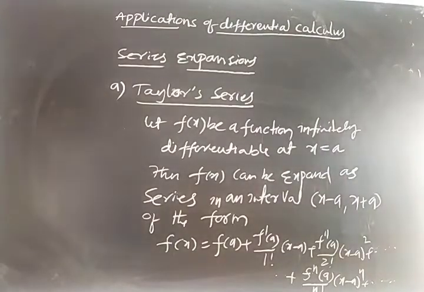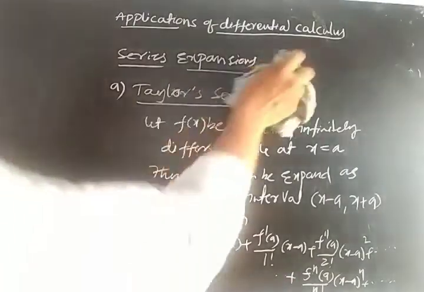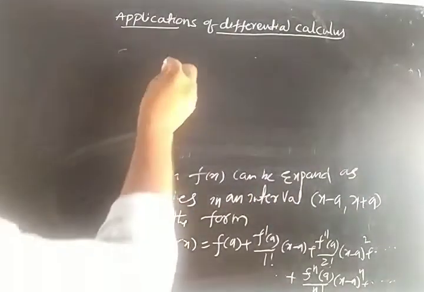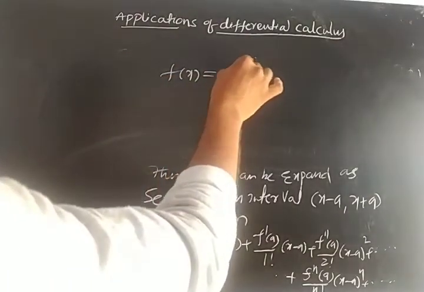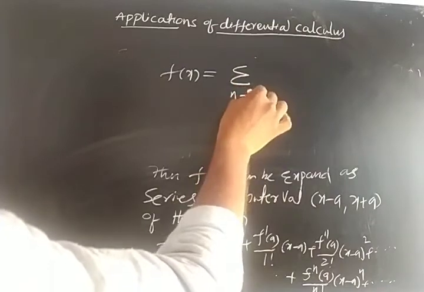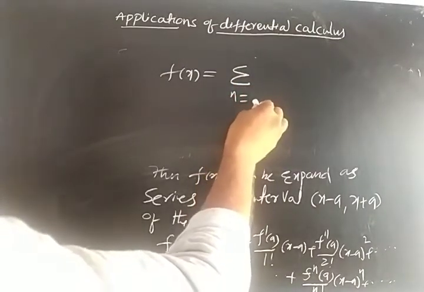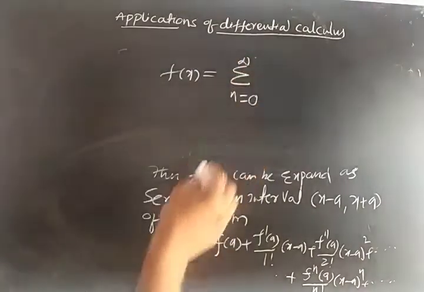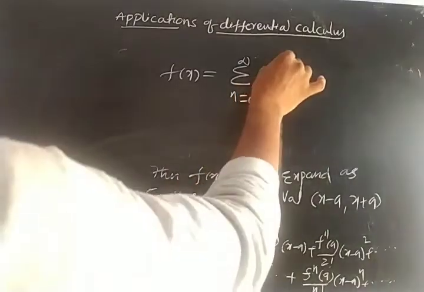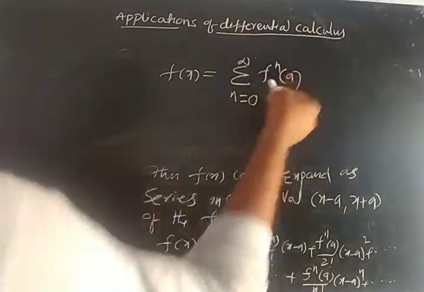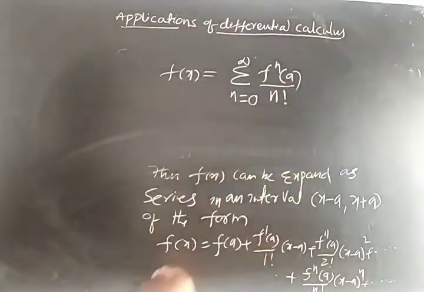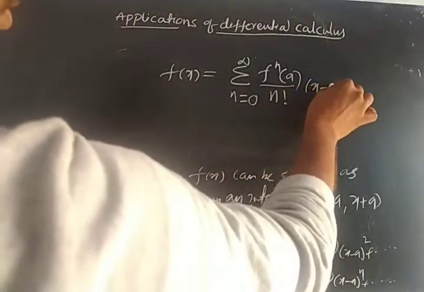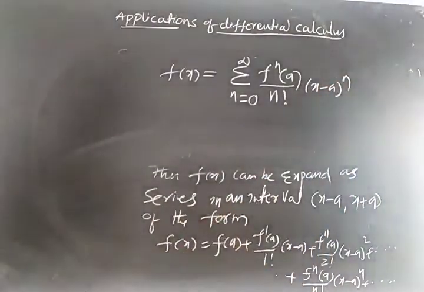Now Maclaurin series. We can write this in simplest form. See here, f of x, we have infinite terms. So f of x is equal to, we can write this as summation n equal to 0 to infinity, f power n of a by n factorial into x minus a whole power n.